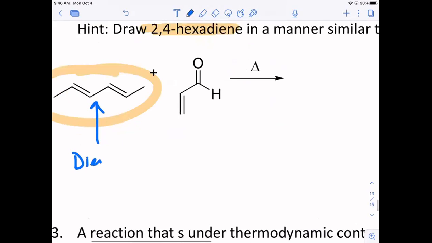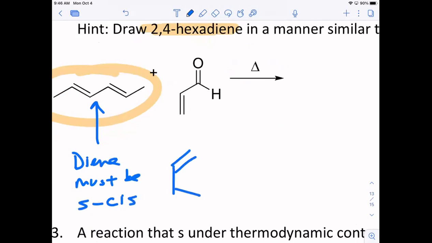So the diene must be what we call S-cis, okay? So if you have a diene that looks like this, versus that, it actually costs some energy for this alkene here to line itself up with the other alkene.